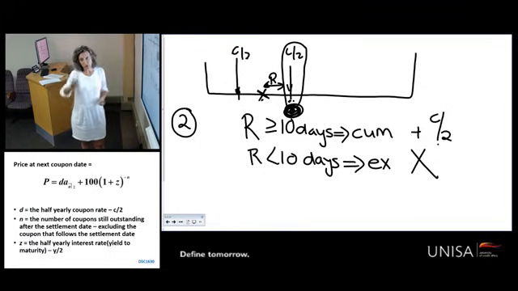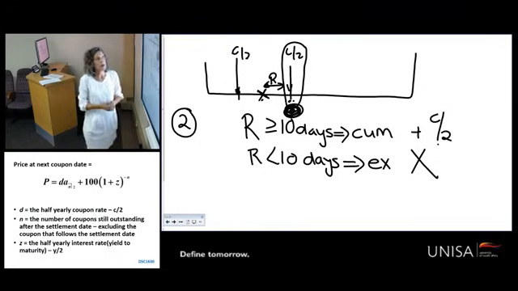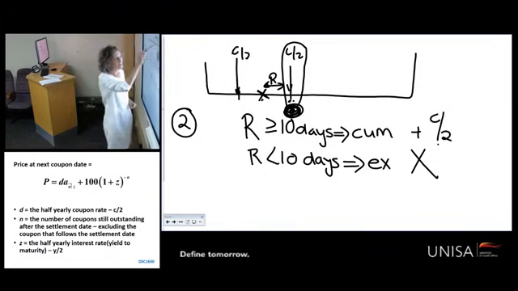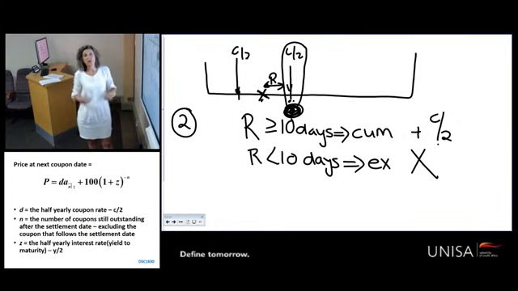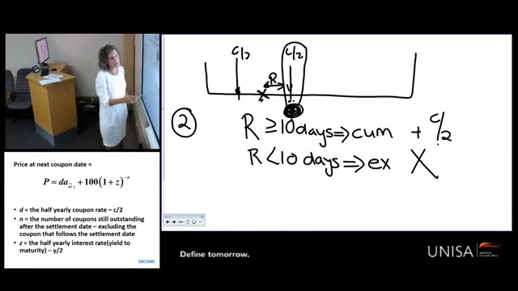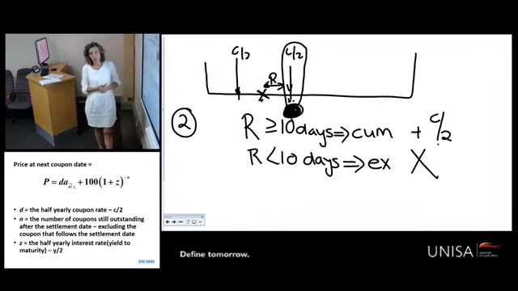Because it's not included in our price formula, and depending on the number of days between the settlement, where you buy it and pay for it, and the next coupon date, if it's bigger than 10 days, the new guy will receive the coupon. If not, you will still be receiving it, and you can't add it to the price because then you will overcharge that specific person. So the second step is to get the price for the full periods on the next coupon date, where we add a coupon or not.